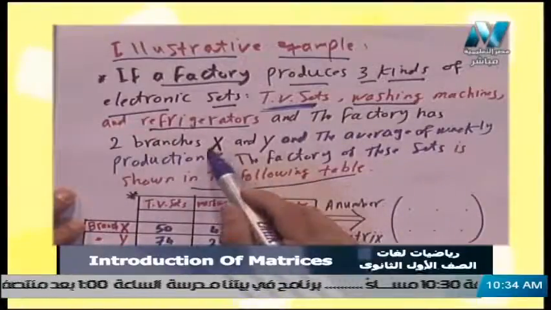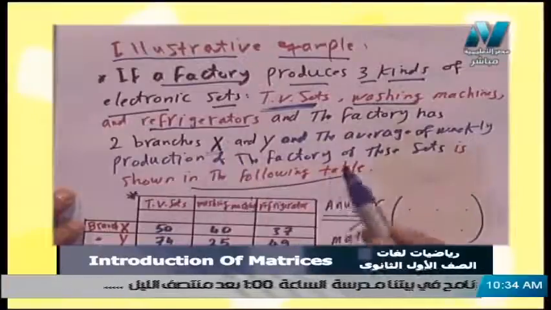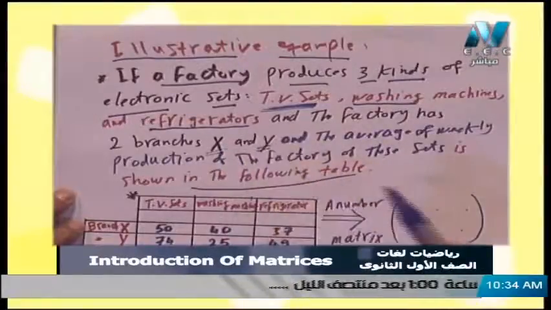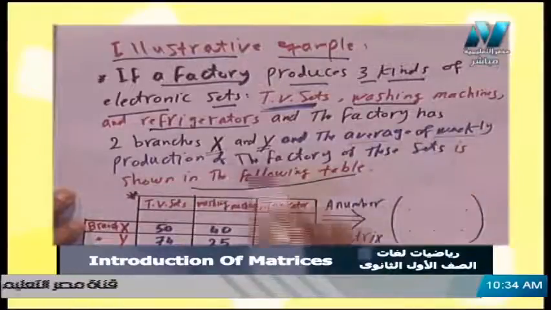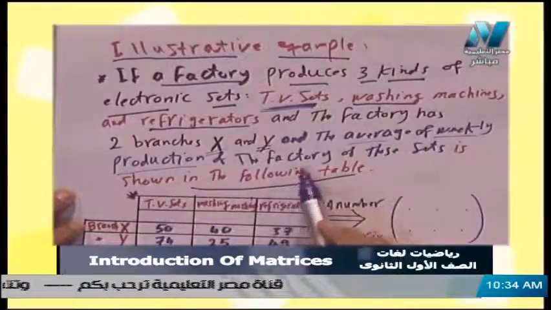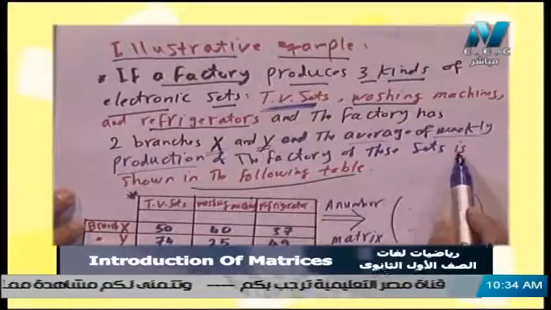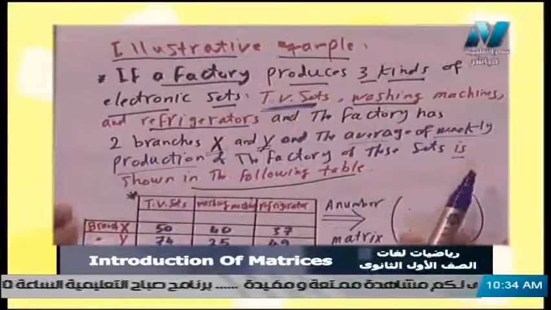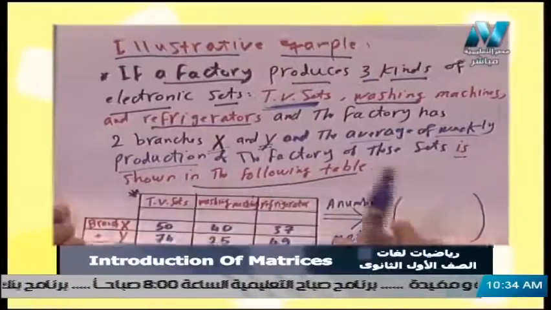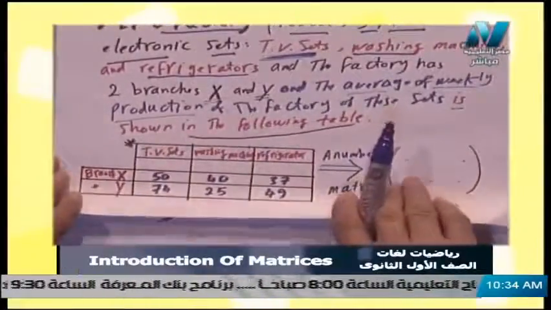The first branch is called X, the second branch is called Y, and the average weekly production of these sets is shown in the following table. Look carefully, my dear students.